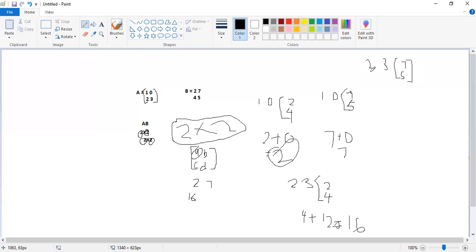So now do the same operation. 2 times 7 gives us 14, plus 3 times 5 will give us 15. So now 14 plus 15 will give us 29. So now D is 29.